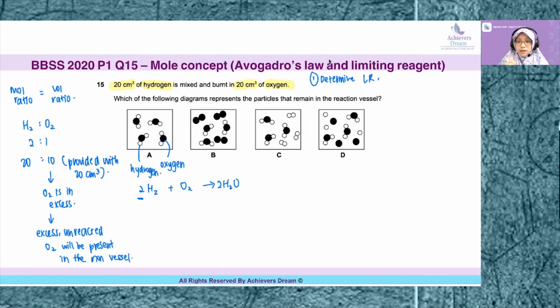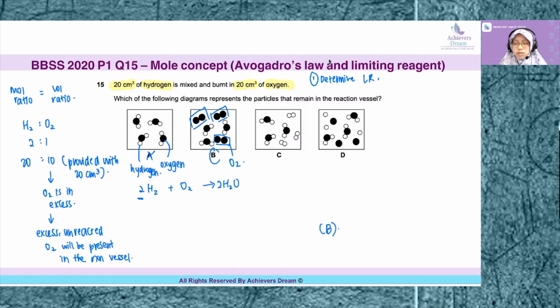So A is out because we have already concluded that the excess unreacted oxygen molecules will be present in the reaction vessel. When you look at B, the ones that I'm boxing up are oxygen molecules, apart from the water molecules that are present. Hence, B is the answer for this question.